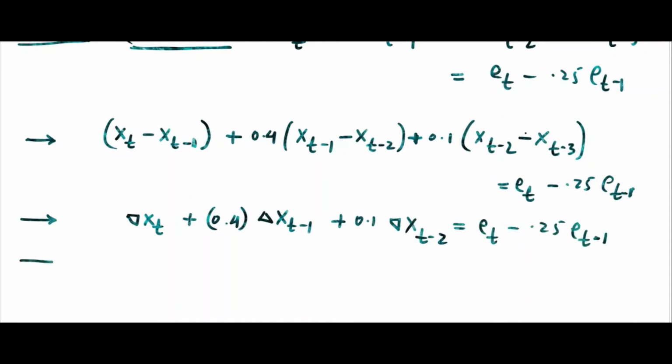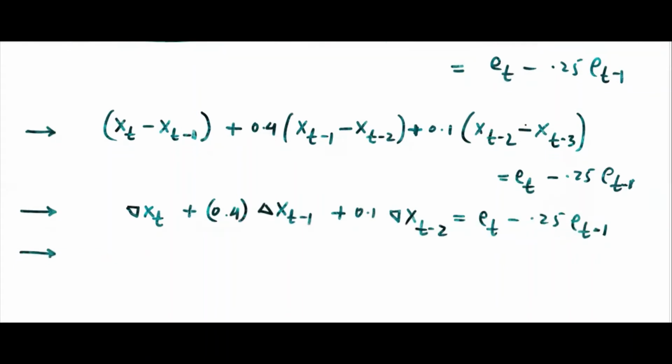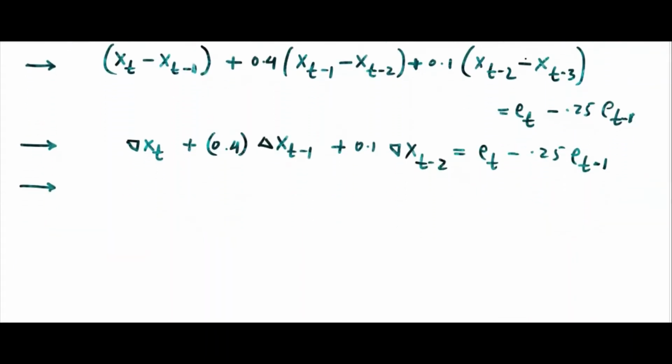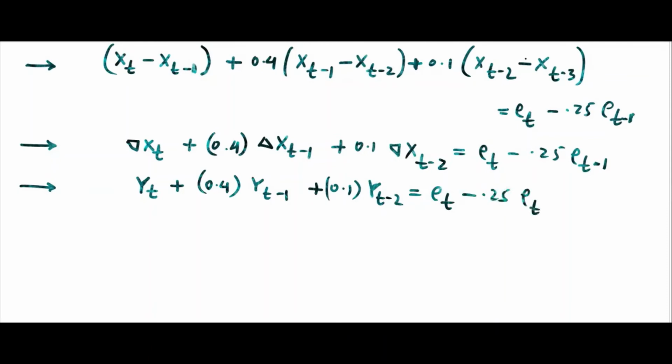Then if you consider this time series, if you are not comfortable with delta xt, you can term it yt, another time series. Just change the notation. Yt plus 0.4 yt minus 1 plus 0.1 yt minus 2 is equal to et minus 0.2 et minus 1. Okay, if you predict here the value of yt plus 1, from y you can go to x later.